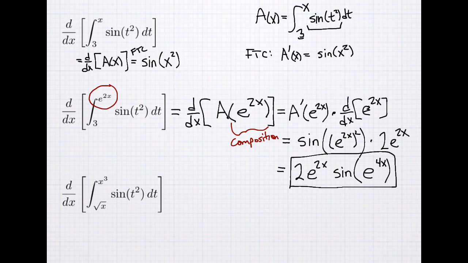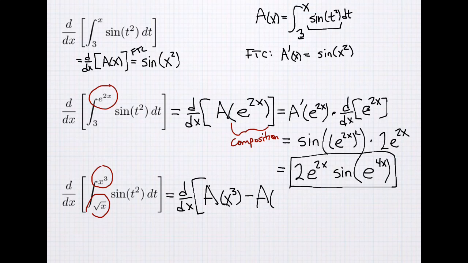Now for our third function, notice that this time I have formulas in the top and the bottom. It's no longer 3. So, by the other part of the fundamental theorem of calculus, this definite integral can be thought of as a evaluated at x cubed minus a evaluated at square root of x.